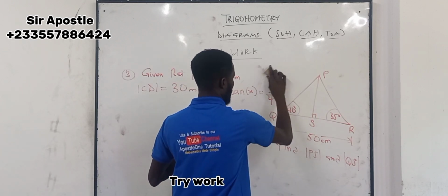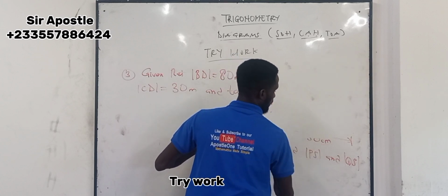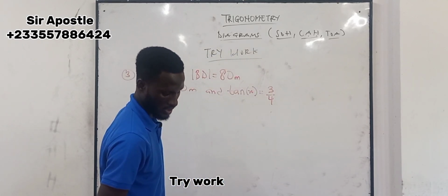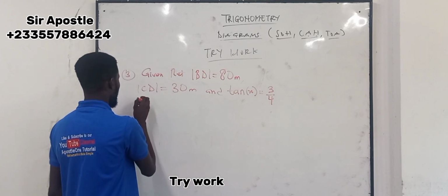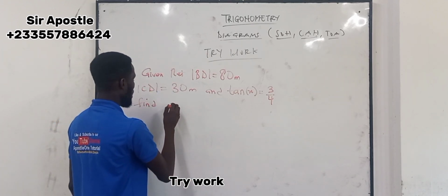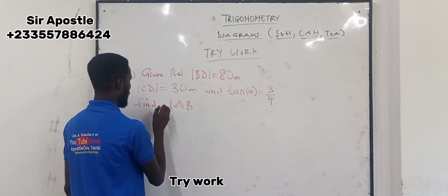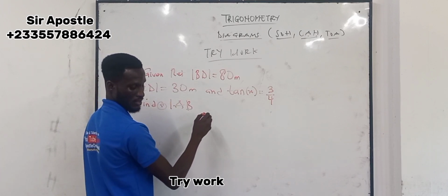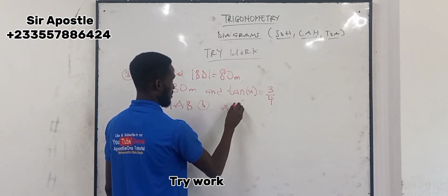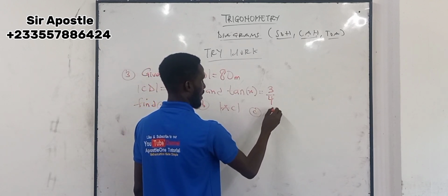Tan S is equal to 3 out of 4. We have to find AB. You are looking for AB, AC, and then you are looking for angle Y.